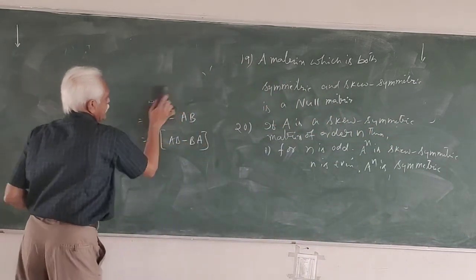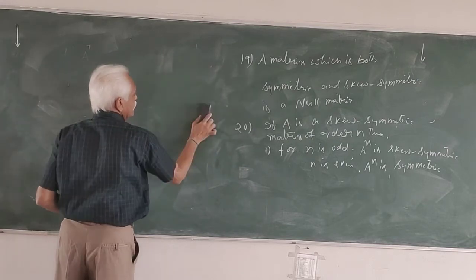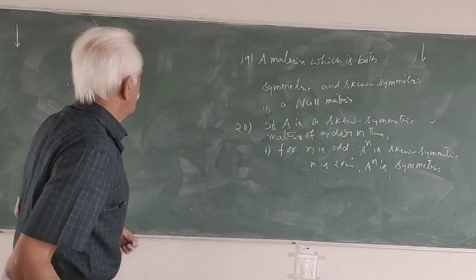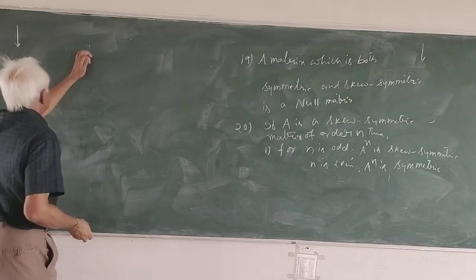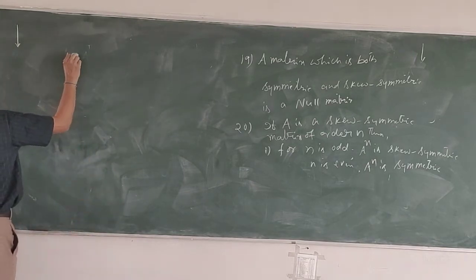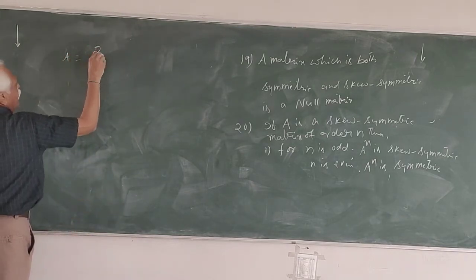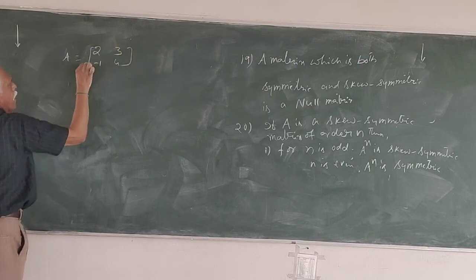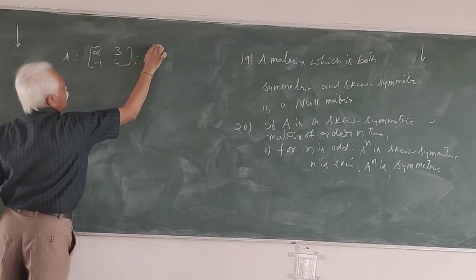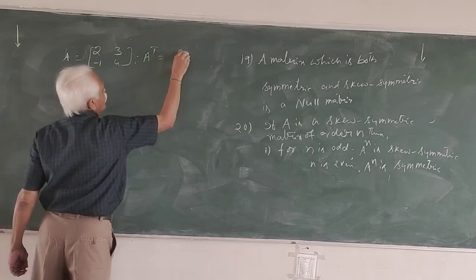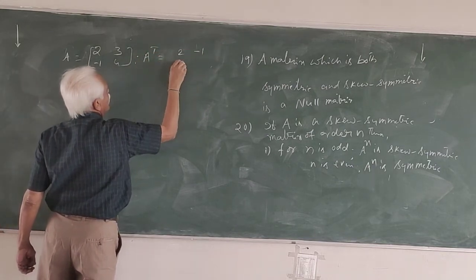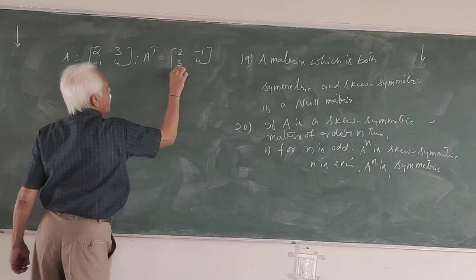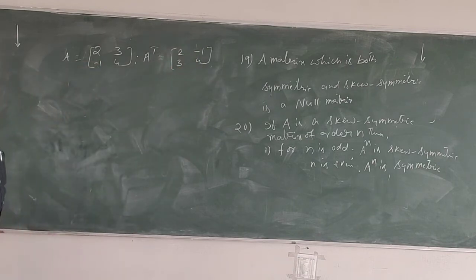Find this. Suppose A is equal to 2, 3, minus 1, 4. Then A transpose is always 2, minus 1, 3, 4, isn't it?